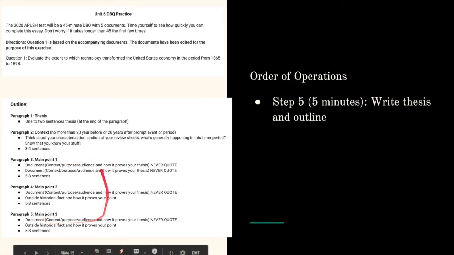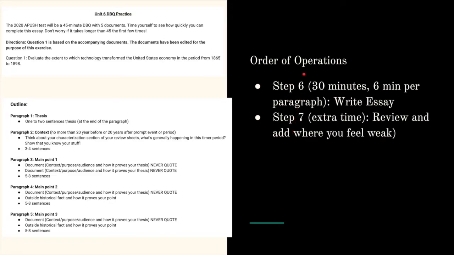Just type out a very basic outline, and then after you type that out, go to step 6, okay? Fill that outline out. Spend maybe 6 minutes per paragraph filling in your outline and making sure you're hitting all of those points of evidence and analysis and all those things, okay? Again, follow this outline. I think it'll make it much easier.